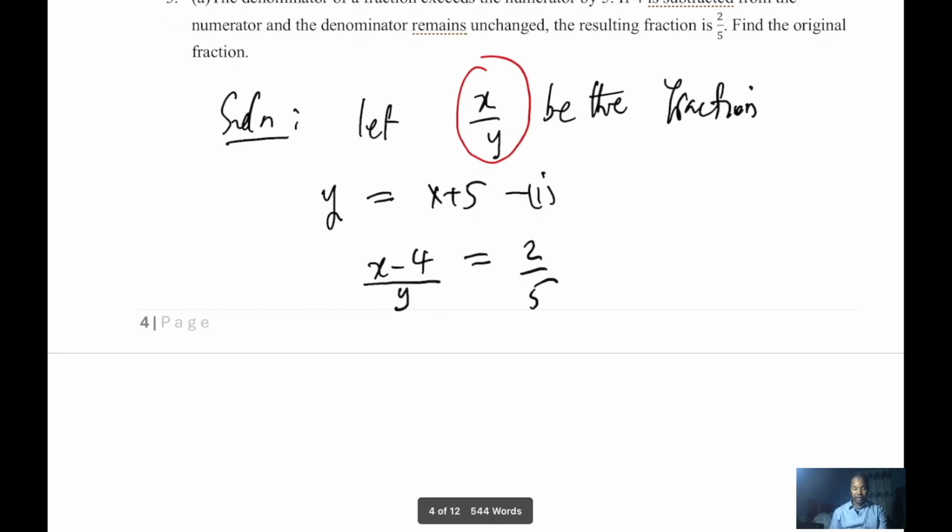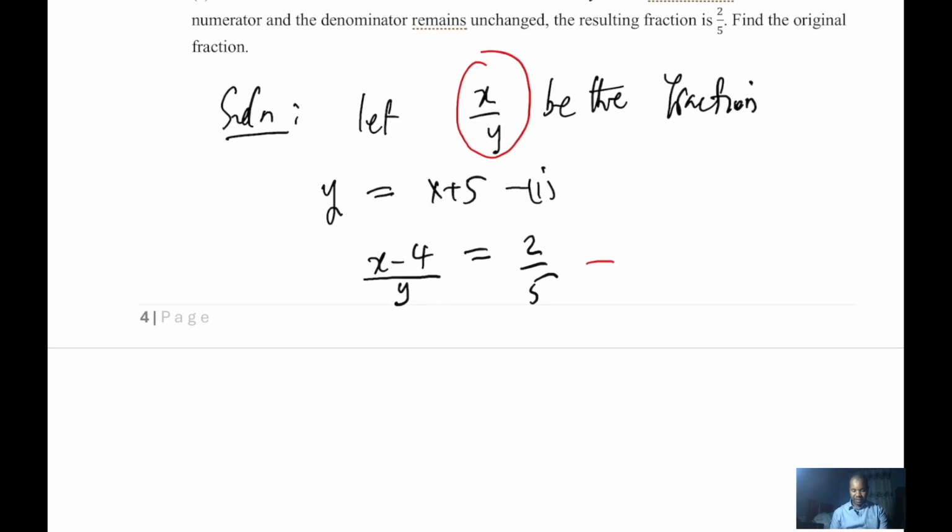From the second equation here, we can manipulate it a little bit. So you cross multiply here. The equation will be 5 in the bracket x minus 4 equals 2y. So you have 5x minus 20 equals 2y.